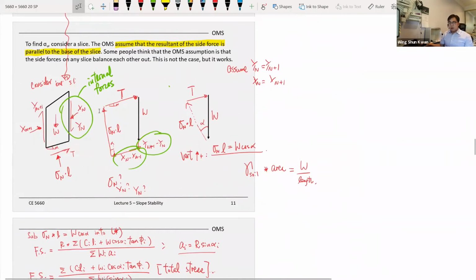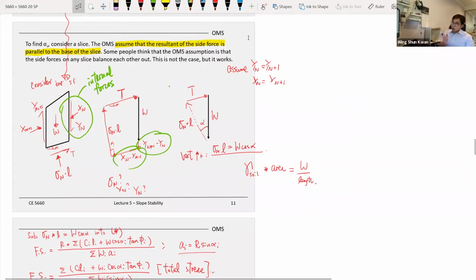For the OMS method, they assume the internal forces are in the same direction, parallel to the angle at the base of the slice. So the internal force Xn over here is parallel with the slope at the bottom of the slice. Also, by convention, they assume that on the same slice, the internal force difference between the left hand side and right hand side is small enough that they assume they are the same.